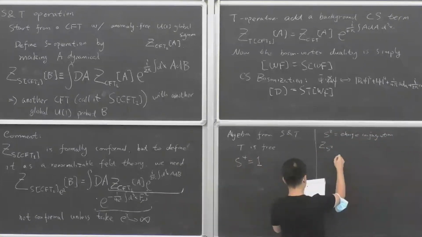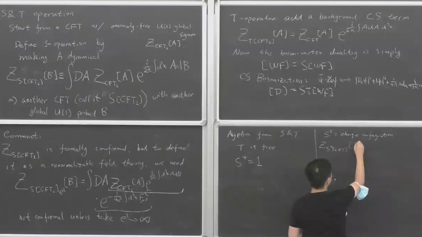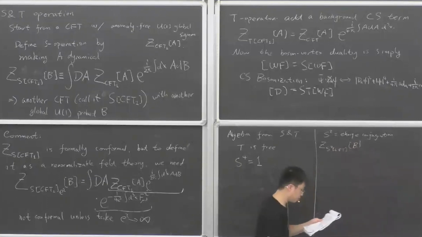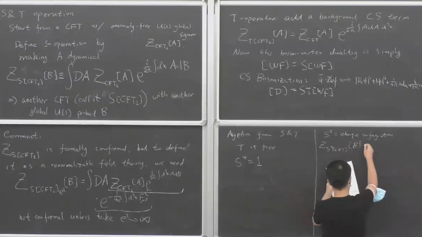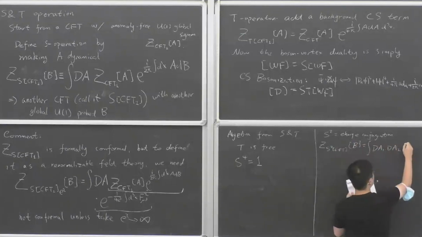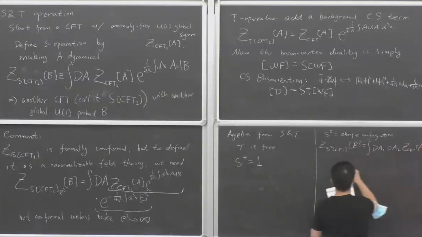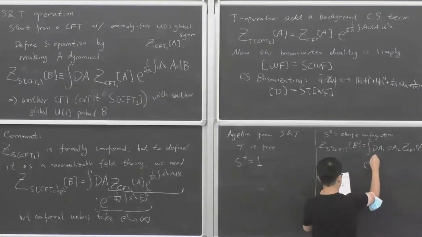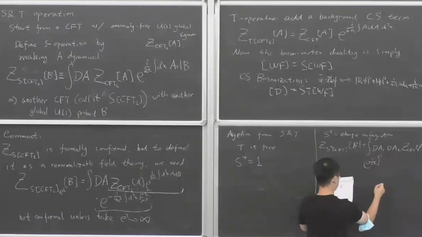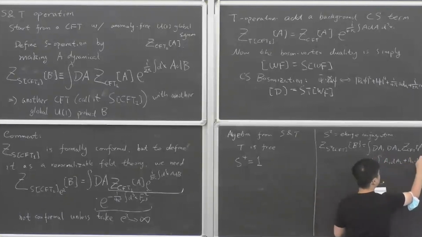Square, let's say, on some CFT, probed again by this field B. If you just literally copy that expression here, it's something like dA2, my original CFT coupled to A2, and then there are the BF couplings, A1 dA2 plus A1 dB.